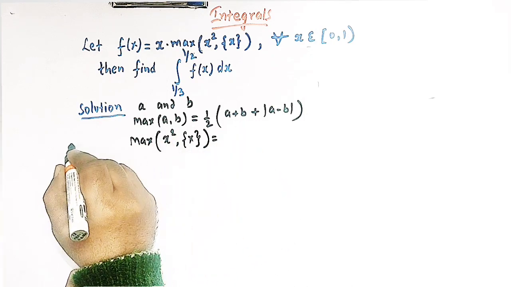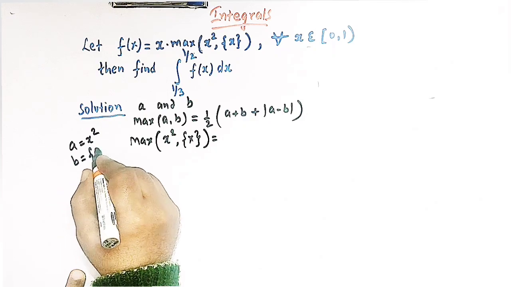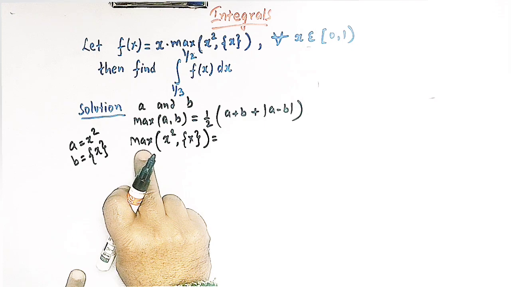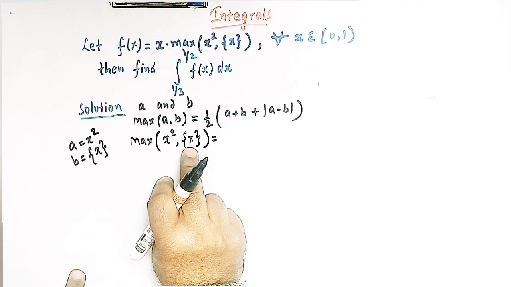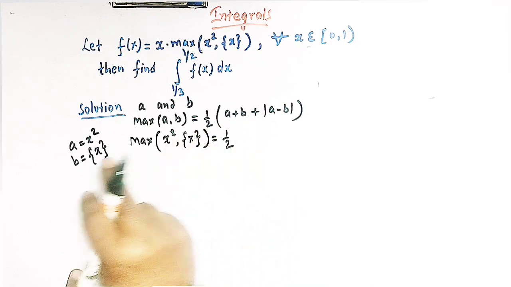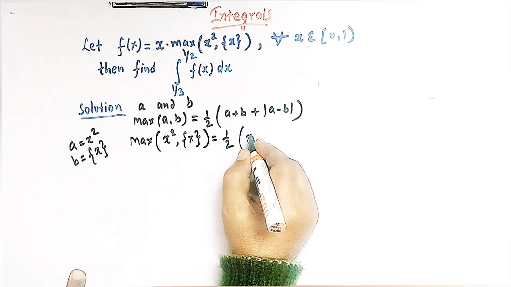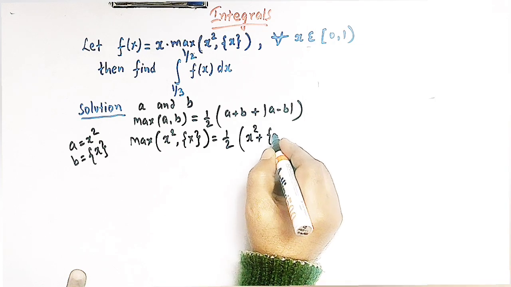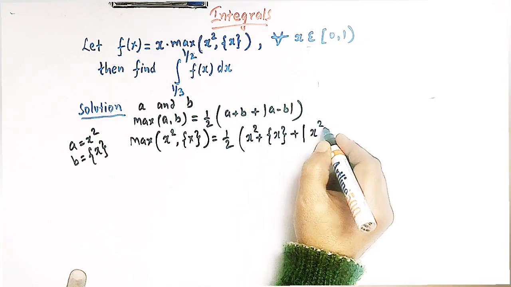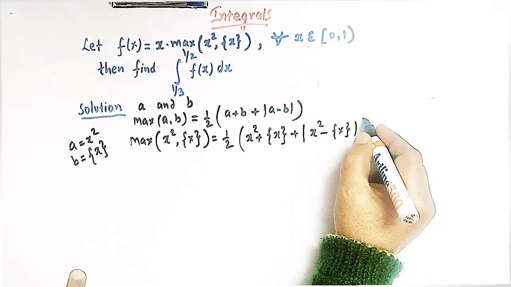So if we take a is equal to x square and b is equal to fractional part of x, then the maximum of x square and fractional part of x is given by this expression, substituting the values of a and b. So here we have x square, then we have fractional part of x, and then we have mod of x square minus fractional part of x.